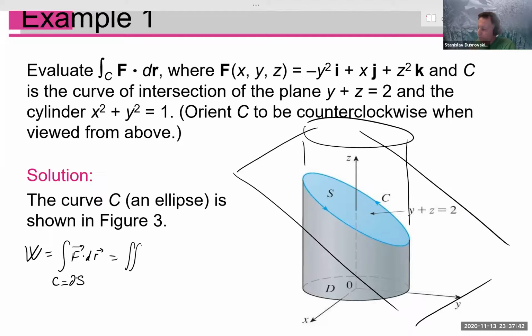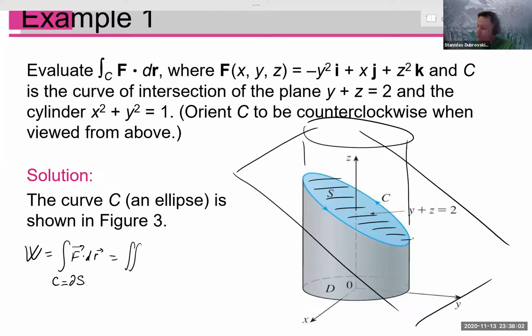There are many surfaces which will be bounded by this curve, but the simplest one is, of course, this bluish flat piece of the plane y plus z equals 2 bounded by this ellipse.